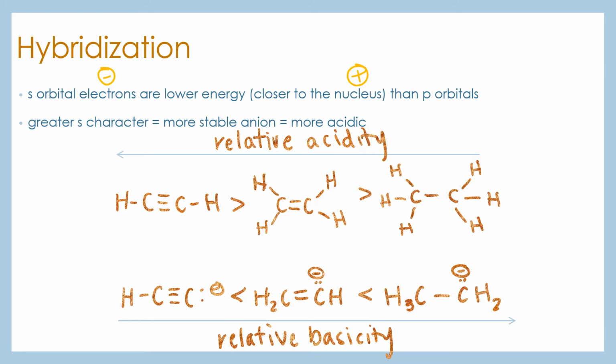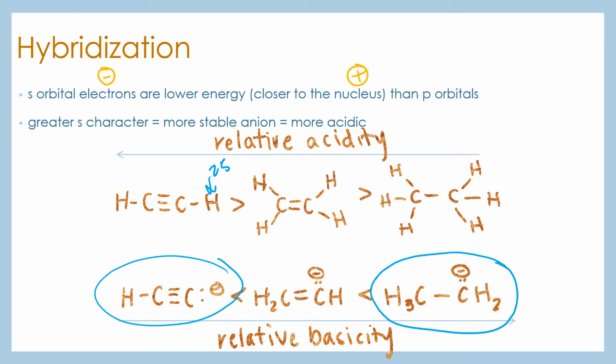But if we look at the relative basicity, remember that the trends between acidity and basicity are opposite. So a deprotonated alkyne is honestly a pretty good base because the pKa of this is 25. So it's a better base than hydroxide, but it's not going to be as good a base as a deprotonated alkane.